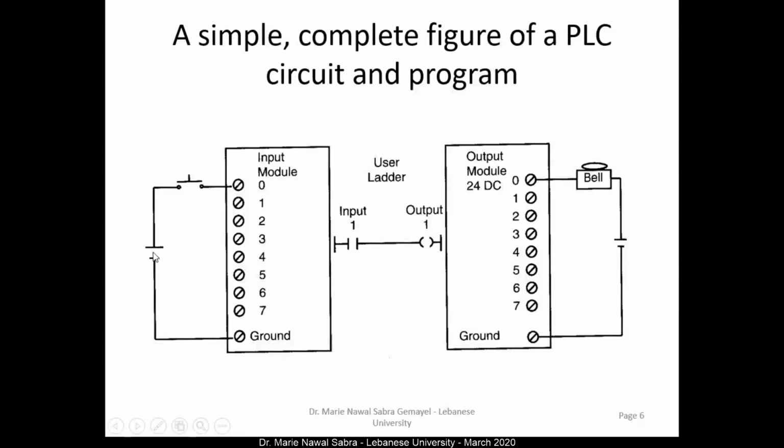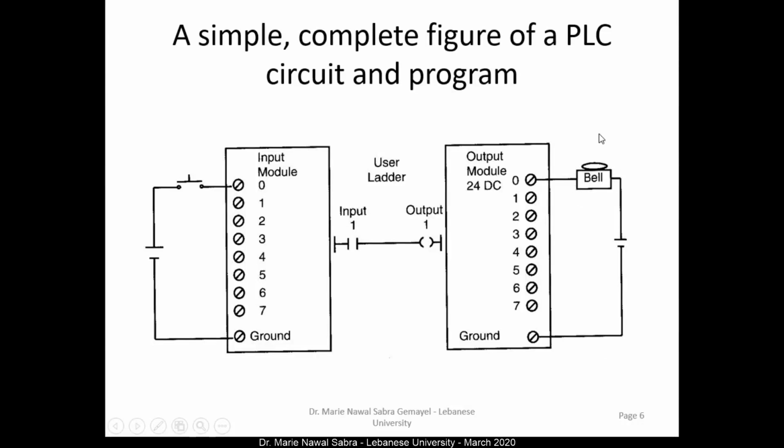We have a circuit which has one input with a push button, and a program that says if the input is on, let the output be on. Of course, a program like this does not require a PLC. This is just for the example. Once the output is energized, the output connected to it is going to have current passing through.